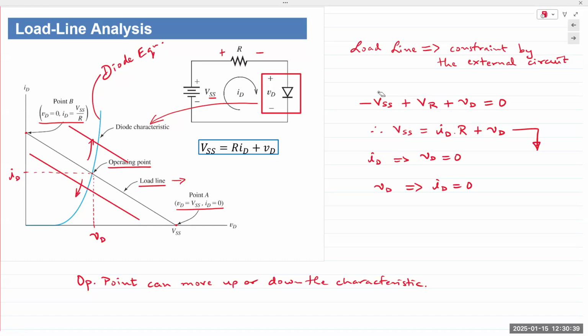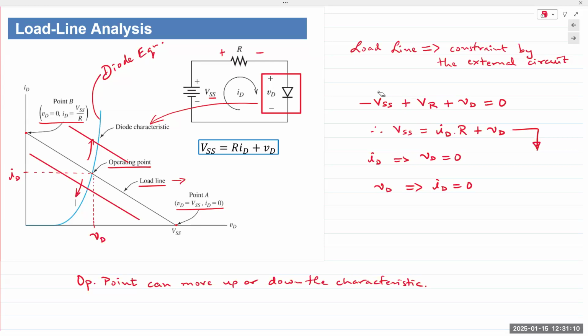So operating point tells us the value of the diode voltage and current based on the operation of the circuit. So in general, if it's a silicon diode, we'd say, okay, if the diode is on, it's like 0.7 volts. But you put it in a circuit, apply 10 volts to it with a 1 kilo ohm resistor, that 0.7 could be 0.71, could be 0.69, could be 0.68, could be 0.72, right?